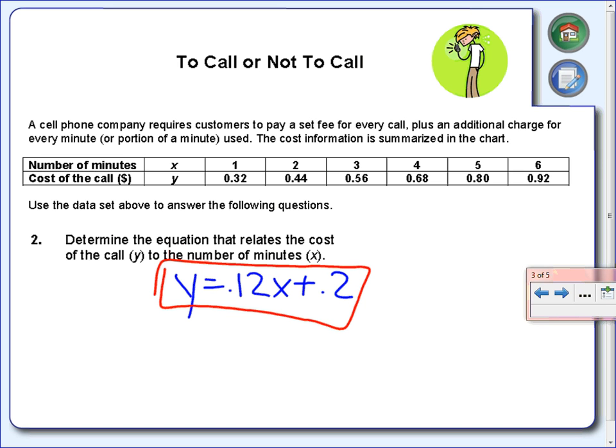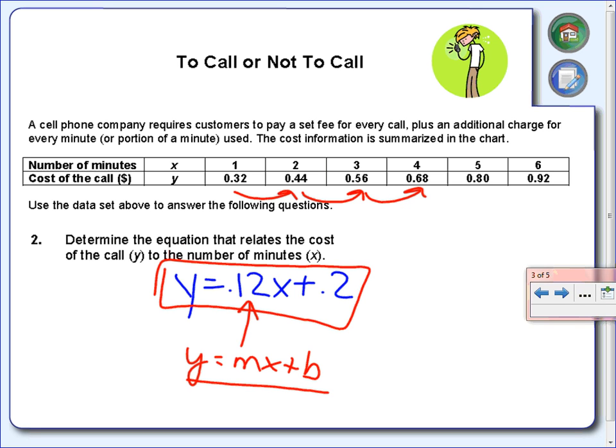Now, if you look closely, does anybody spot where this 0.12 is coming in the table? Yeah, notice what's happening here. It increases each time. How much is it increasing each time? 0.12. So where the heck is this 0.2 coming from? Anybody figure that one out yet? This equation is written in this form right here.